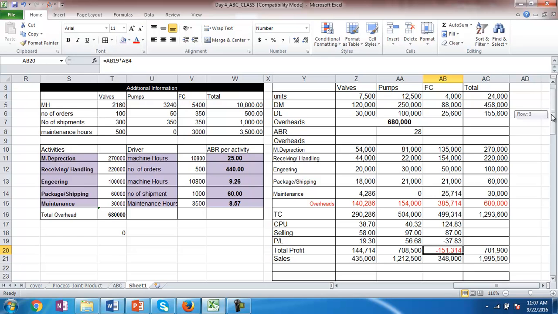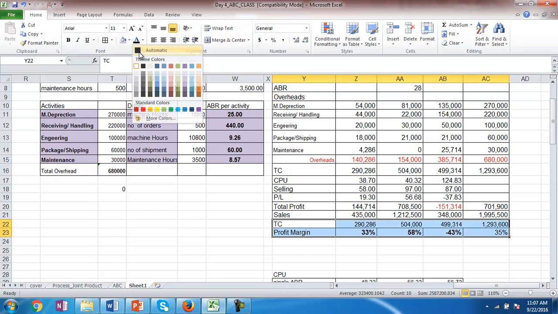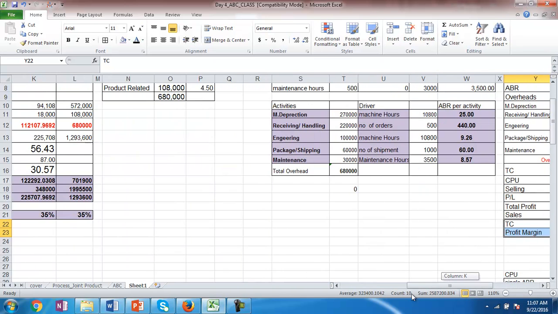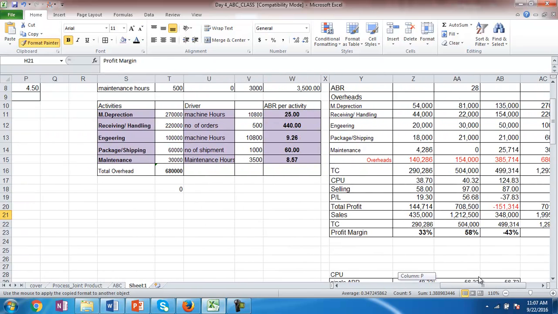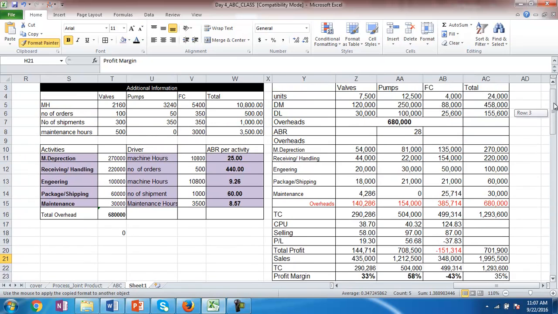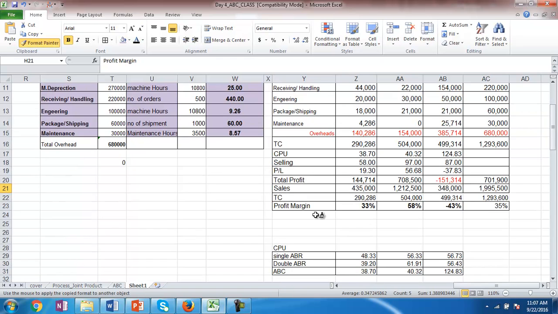So all other things remaining constant, what we see here is that unlike the previous calculations, the margin of the flow controller becomes negative. The margin for flow controller becomes negative.